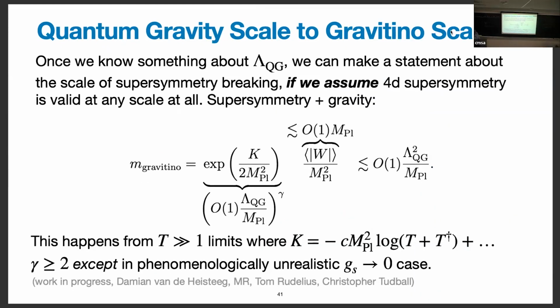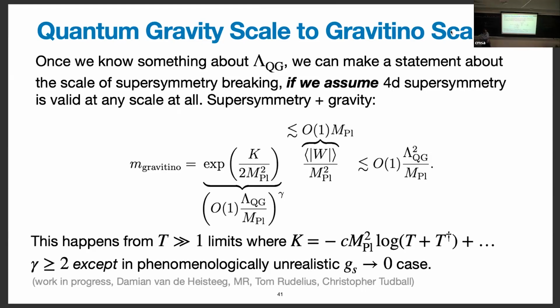I just wanted to briefly mention this other thing, which is something that Damian and Tom and Christopher and I are thinking about, which is that we understand pretty well now infinite distance limits in the string theory landscape. And in infinite distance limits, it tends to be true that the Kähler potential is determined by some logs of some moduli.